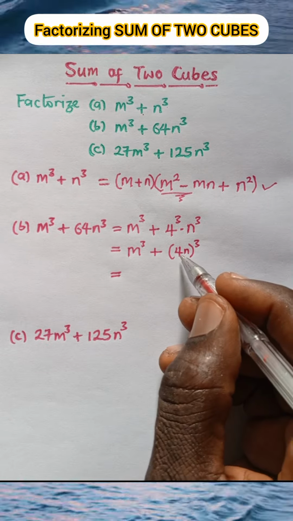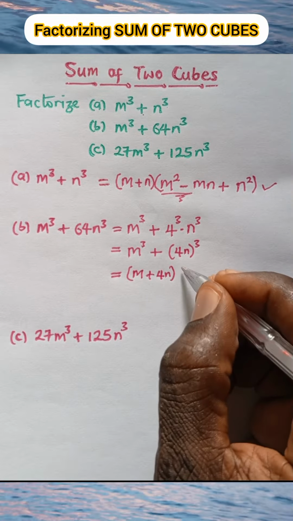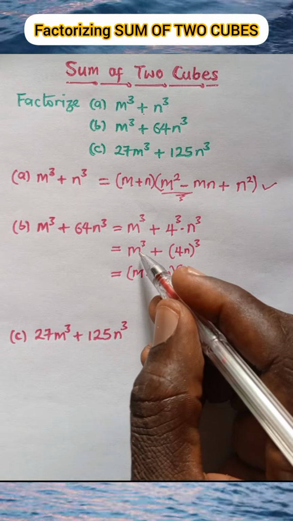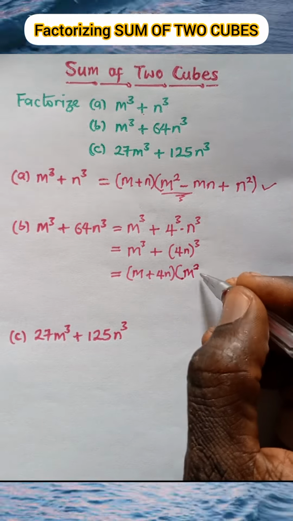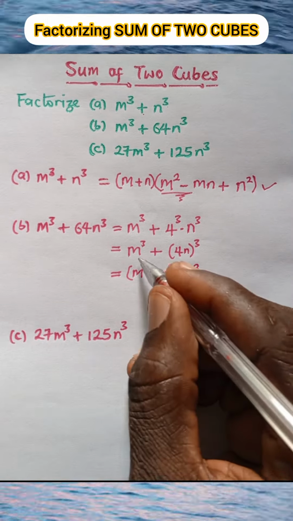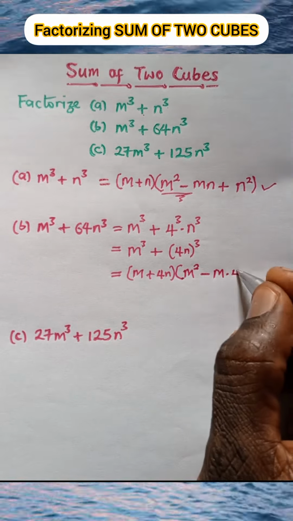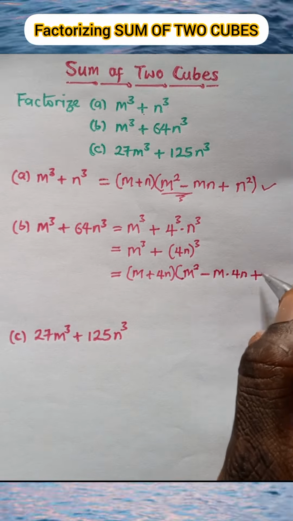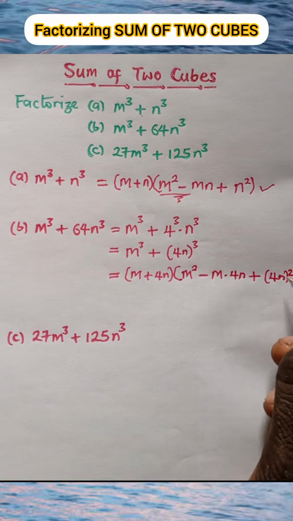Remember the pattern, which is base of first term plus base of second term in one bracket, that is m plus 4n in one bracket, then the square of the base of the first term, which is m square, minus the product of both bases, which is m multiply 4n, and then plus the square of the base of the second term, which is 4n square.